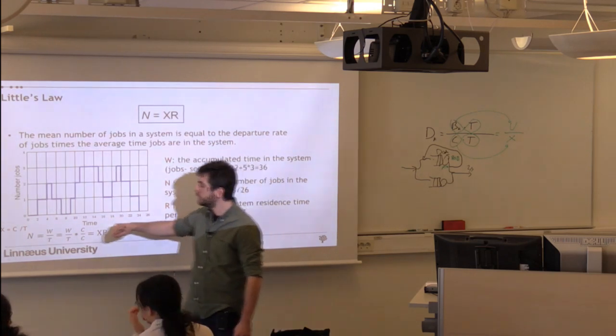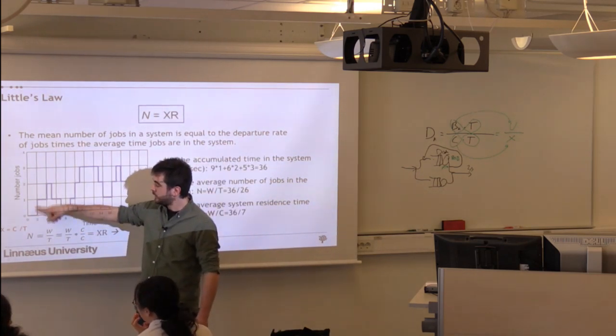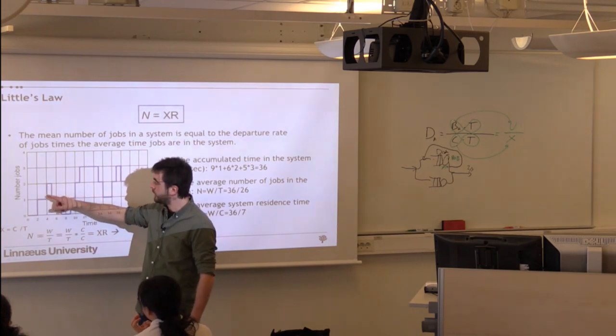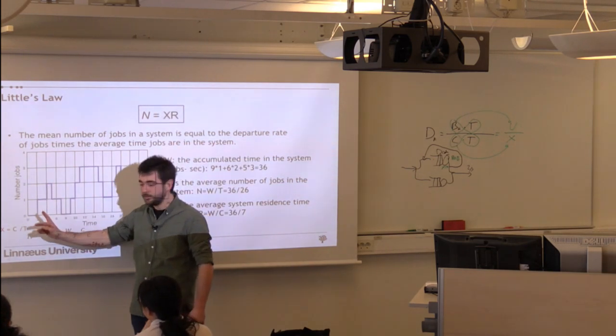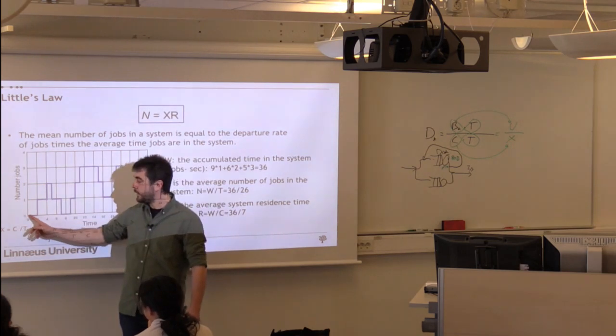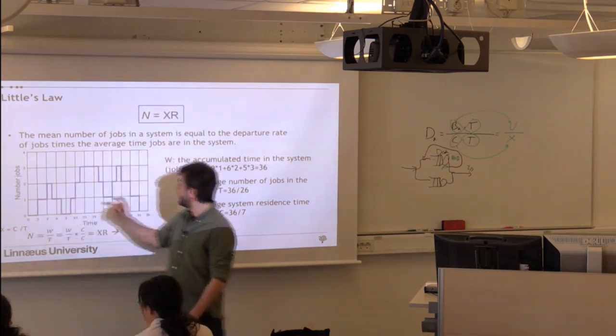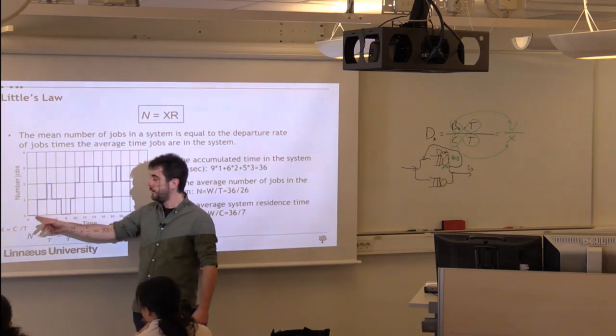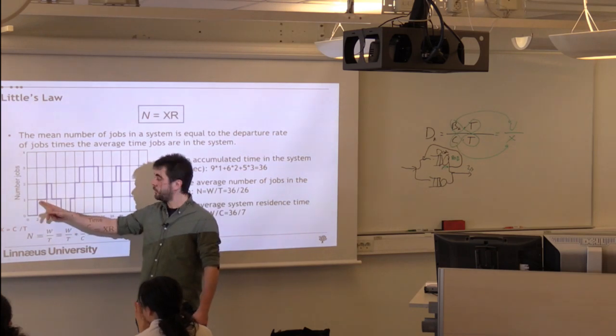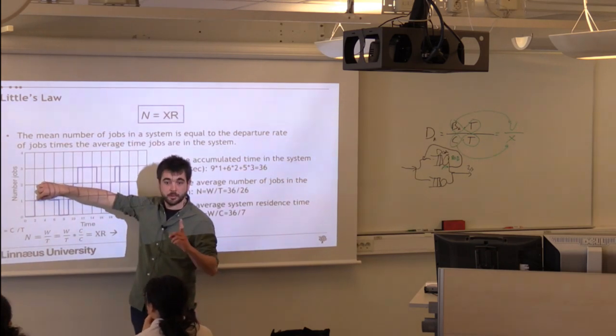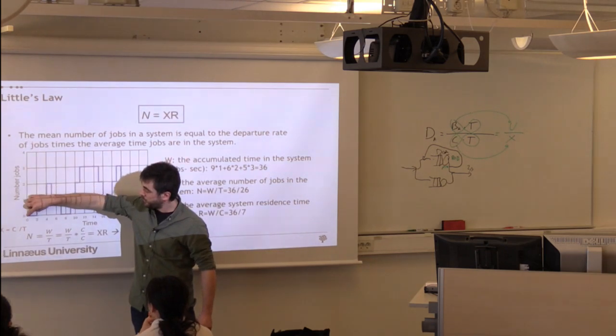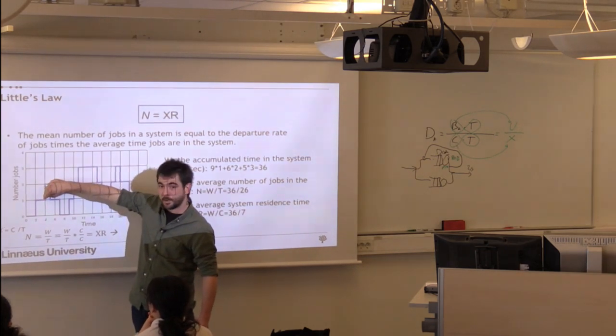Here it's a bit difficult to make the integral, so we are going to do the sum. When there are 0 jobs, it adds 0. So 0 plus 0. Here there is 1 job, so during this second it counts as 1. So 0 plus 1 plus 1.